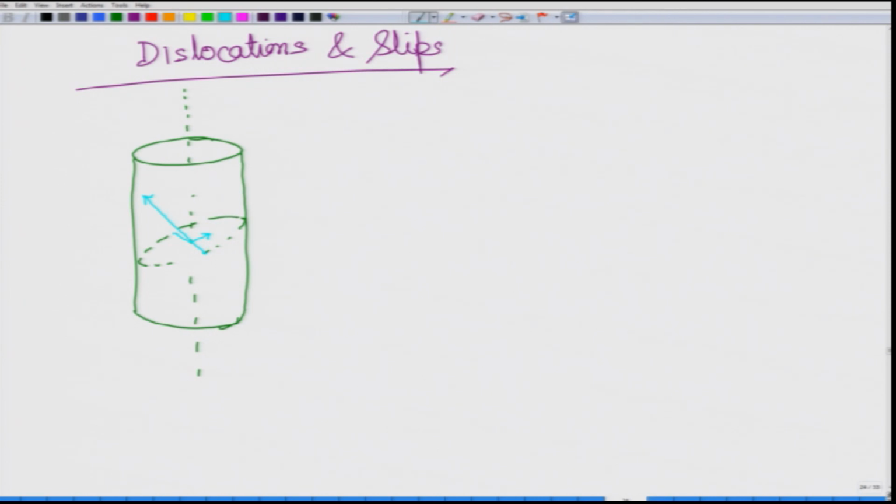So, this normal is oriented at some angle theta to the axis, and the slip direction is oriented at some angle lambda.